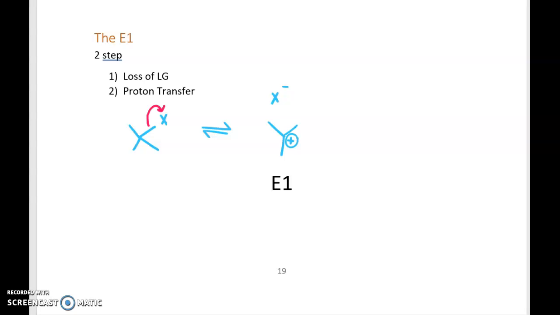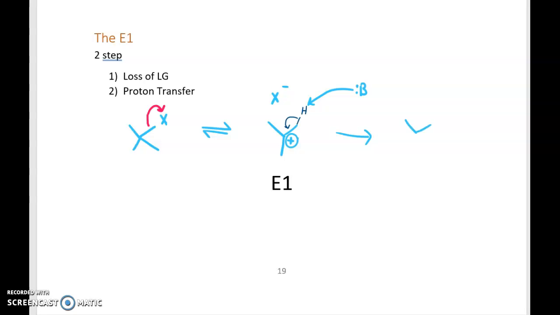The next step involves the hydrogens that are already there. A base is going to come along and steal just the proton. The electrons that are connecting the hydrogen to that carbon then will go here and that'll give us a double bond.